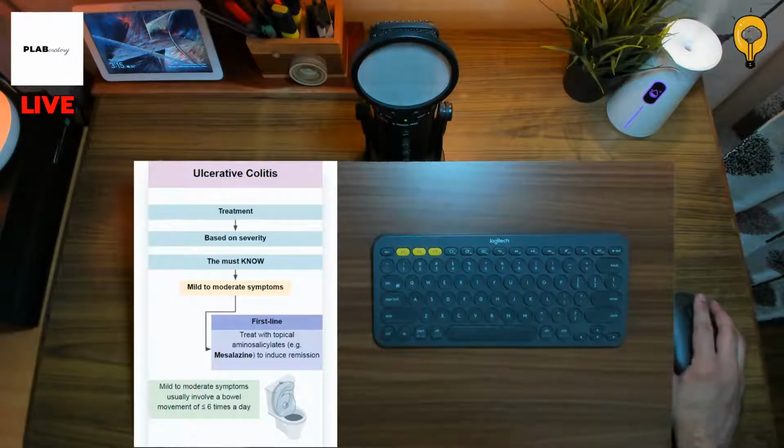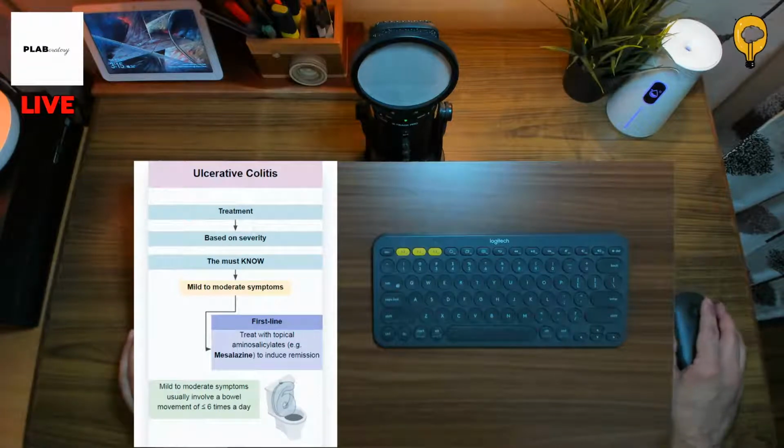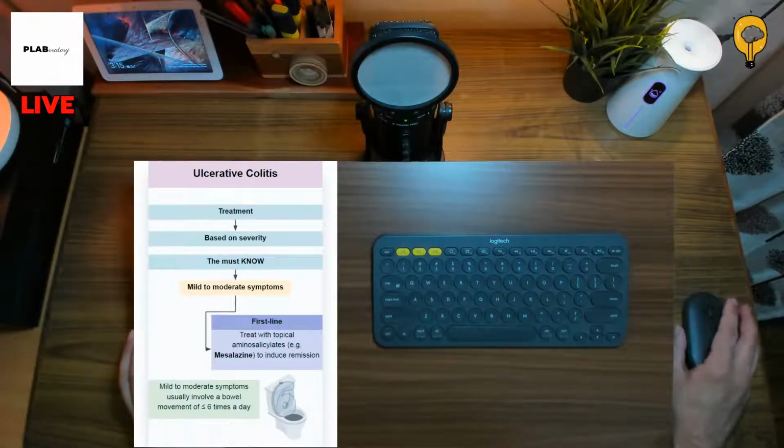Some key differences here are: Crohn's disease can affect any part of the GI tract from mouth to anus. Usually, it has non bloody type of diarrhea. An abdominal mass is palpable in the right iliac fossa.